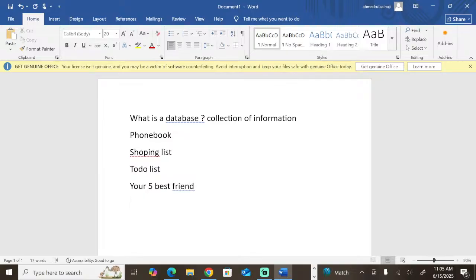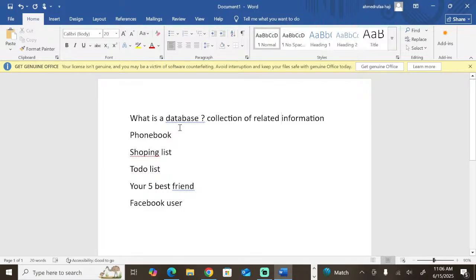The other one is Facebook users, all right? So when I said a collection of information, I mean related information, all right? Collection of related information. Let me insert the word related because it is an important part.